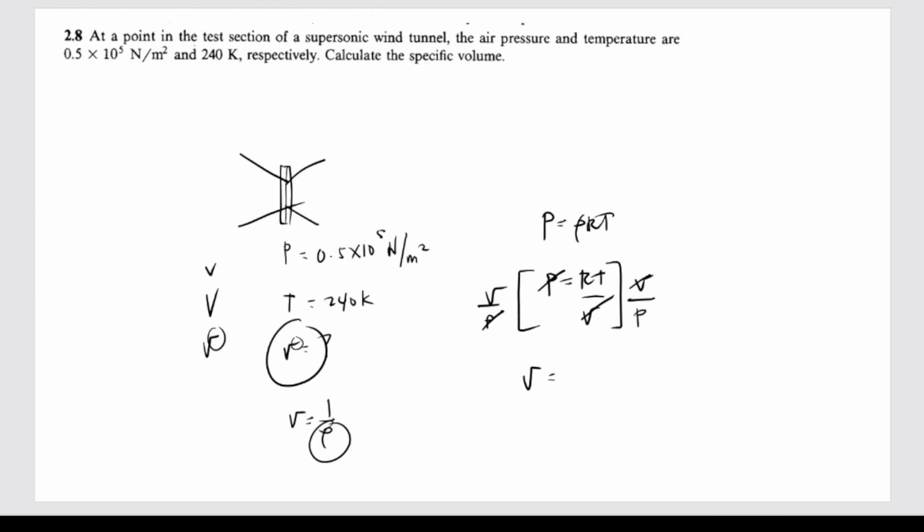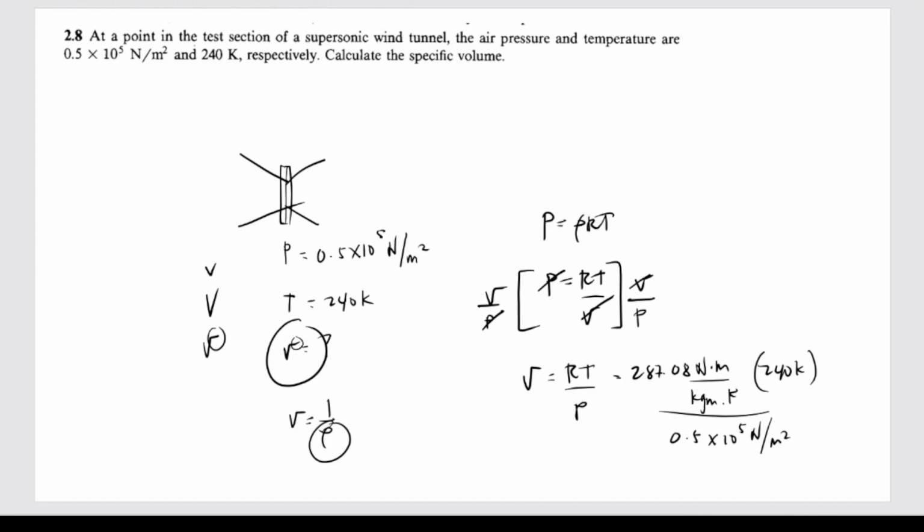Then, specific volume is equal to RT over pressure. So, R in metric units, 287.08 Newton meter per kilogram mass Kelvin times the temperature 240 Kelvin over pressure 0.5 times 10 raised to 5 Newton per meter squared.